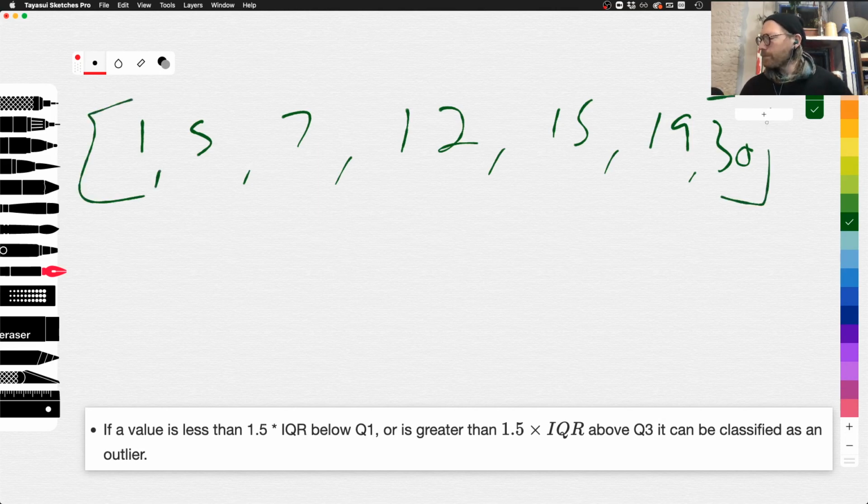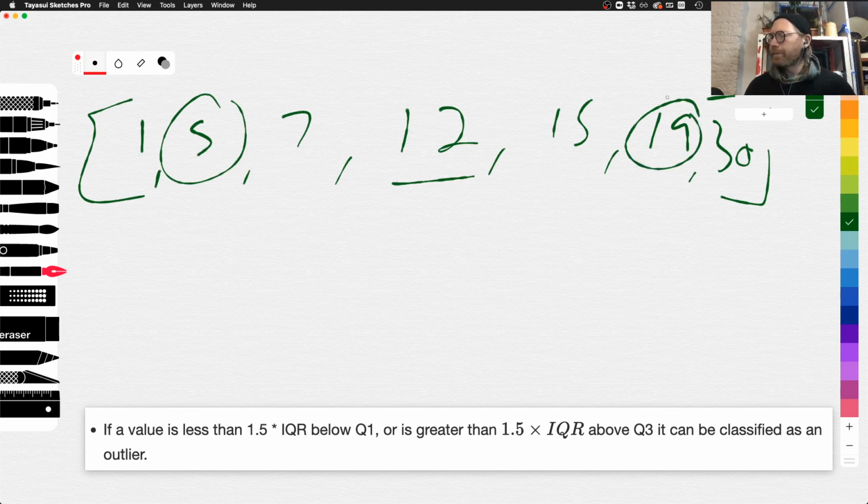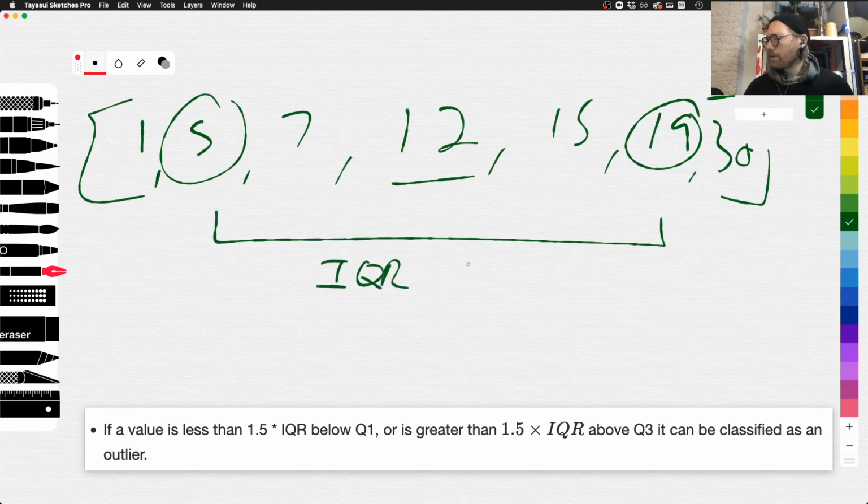And we can see right away that our median is 12, right? Our Q1 is 5. Our Q3 is 19. So, we can just take 19 minus 5, which gives us 14, and our IQR, unless I made any egregious error, and if I did, please let me know.